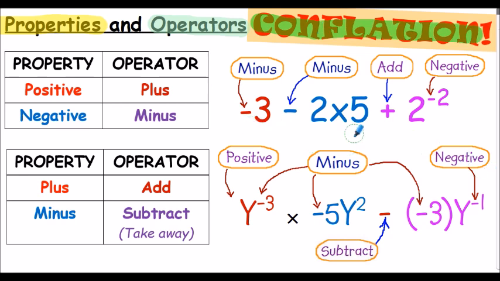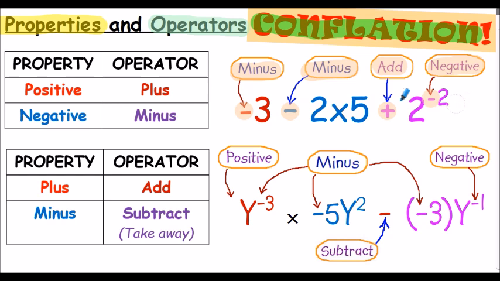So here I'm returning to the calculations and showing you how the terminology is conflated. If you notice in the upper line now, this states a minus 3 minus 2 times 5 add 2 to the power of negative 2. Can you see that the properties and the operators are conflated here?